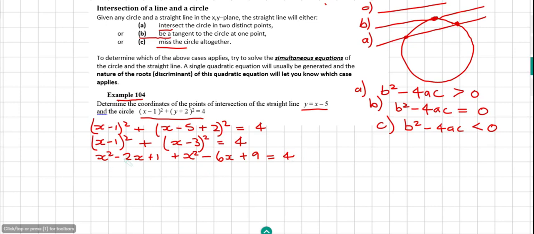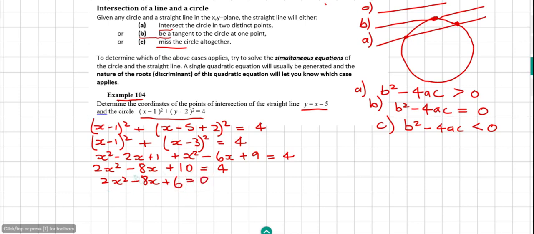So if I then collect up terms, I'm going to get 2x squared, I'm going to get minus 8x, and I'm going to get plus 10 equals 4. Now I'm going to take the 4 over the other side to make it equal to 0. So I'll get 2x squared minus 8x plus 6 equals 0.